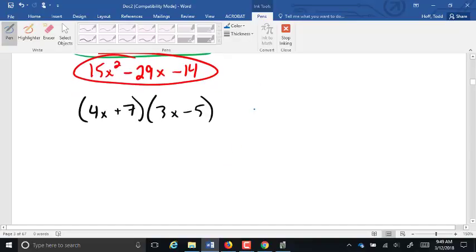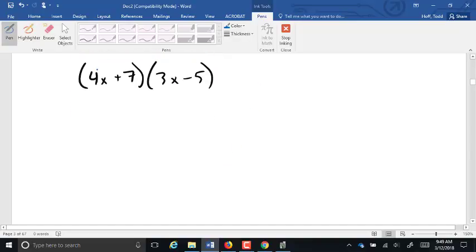Okay, so for this one, 4x times 3x is 12x squared. 4x times negative 5, negative 20x. 7 times 3x, 21x.